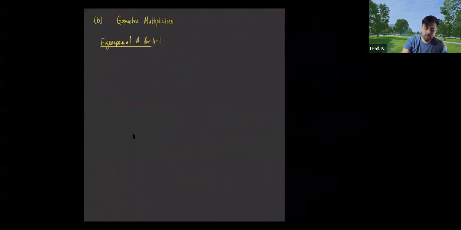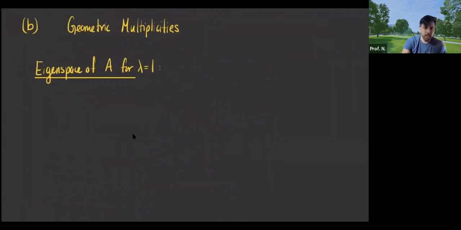So when I'm finding the eigenspace for A, given lambda equaling 1, what am I really finding? Well, I'm going to use the RREF, but before we talk about what computational procedure we're going to perform, what is it that we're finding again?